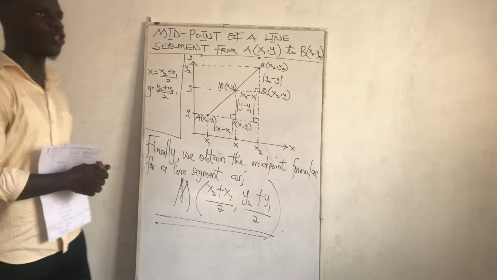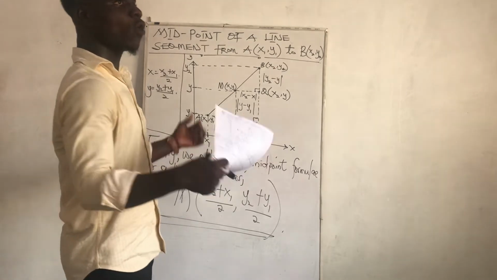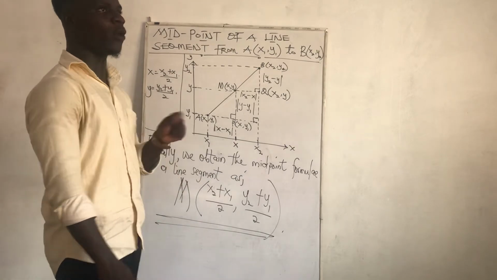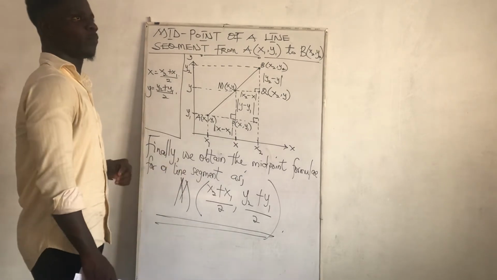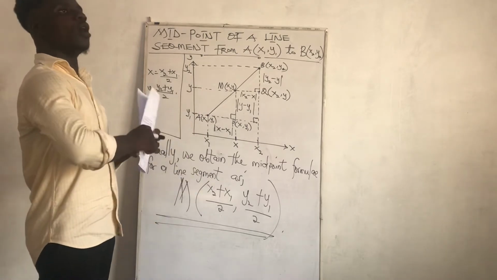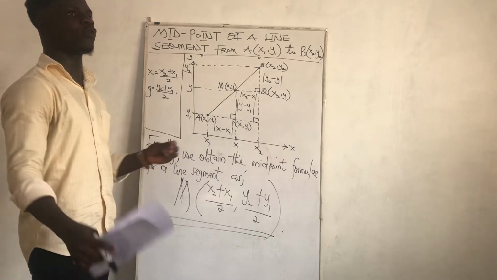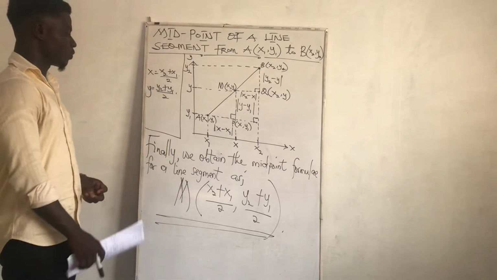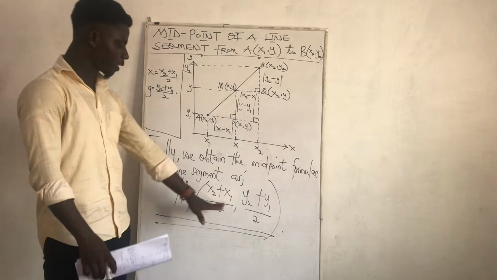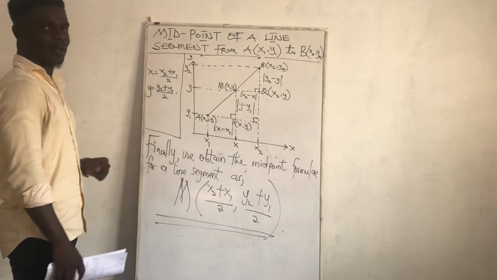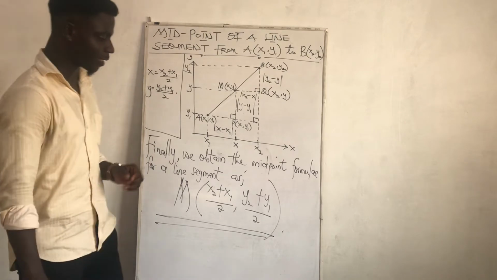So if they ask you to find the midpoint, or the middle point, of 2 given points, or a straight line joining two points, then you quote this formula for the examiner or for the lecturer before you start solving.